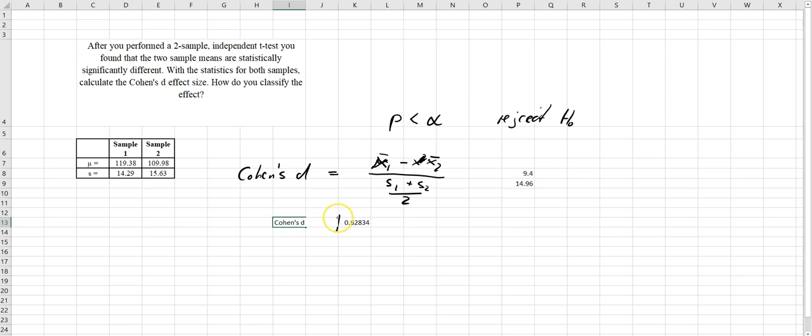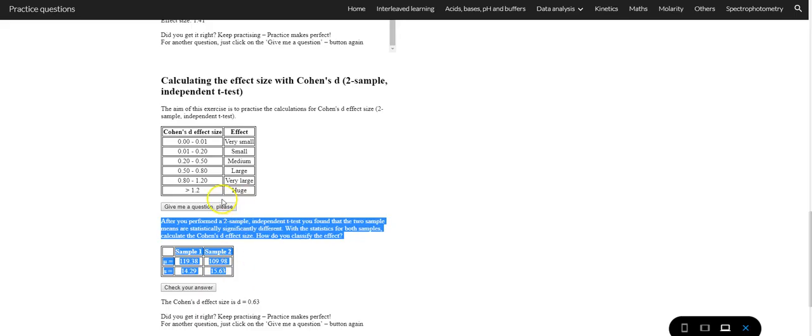We can say that according to the table that we had earlier, we have a pretty large effect actually.